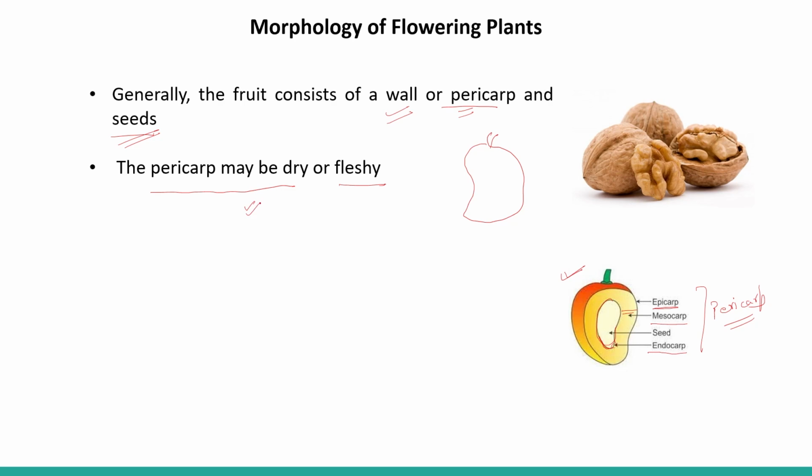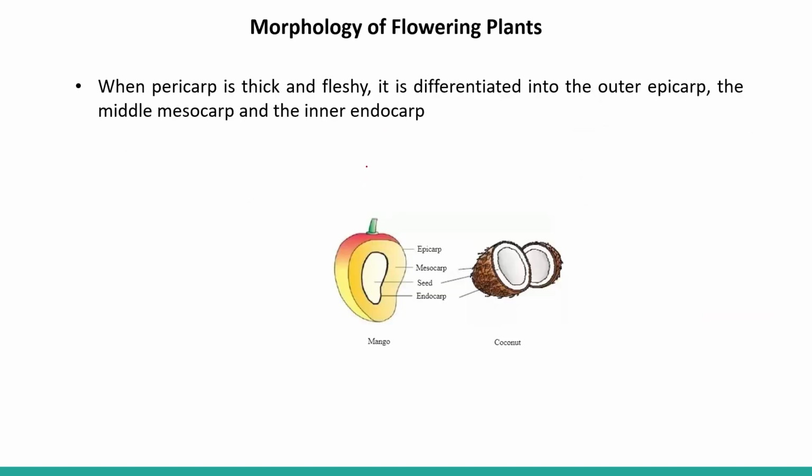Sometimes the pericarp is dry and sometimes it is fleshy. When the pericarp is thick and fleshy, it is differentiated into an outer epicarp, the middle mesocarp, and the inner endocarp.